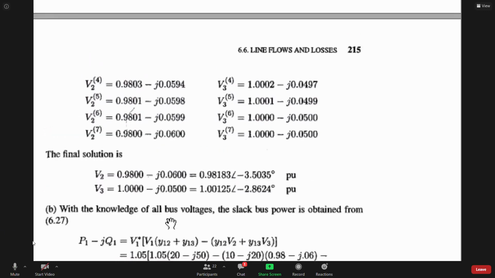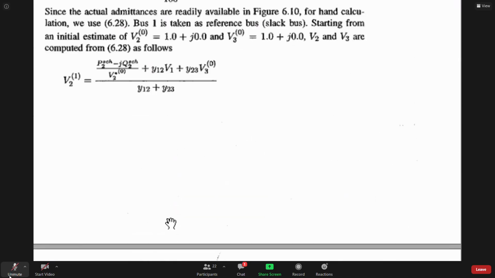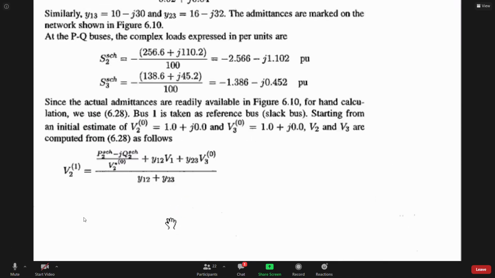Forgot? Okay, fine. Can you recall the equation? This is a very basic equation. In that equation, you have some power, this is the complex power. When you equate current in terms of the KCL equation and current in terms of complex power, you can have this equation.